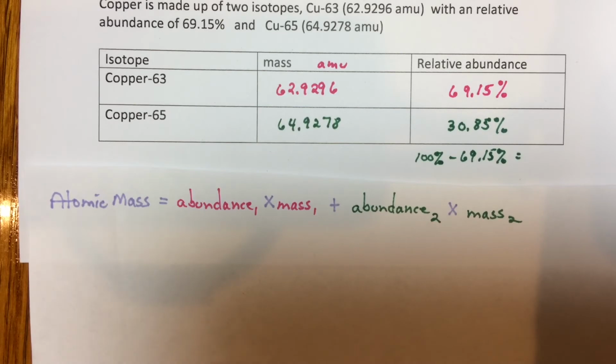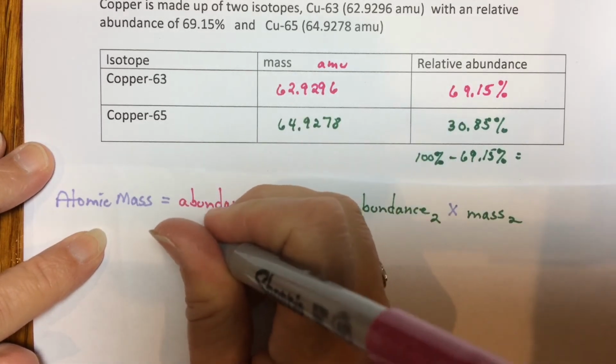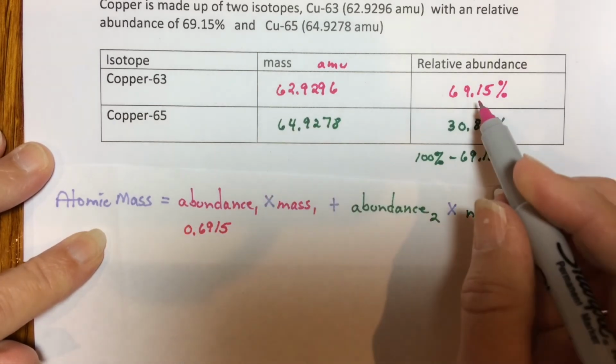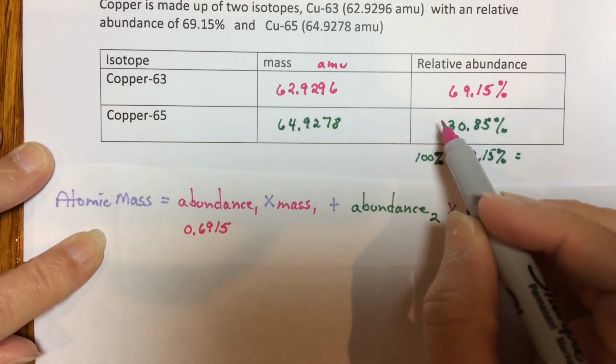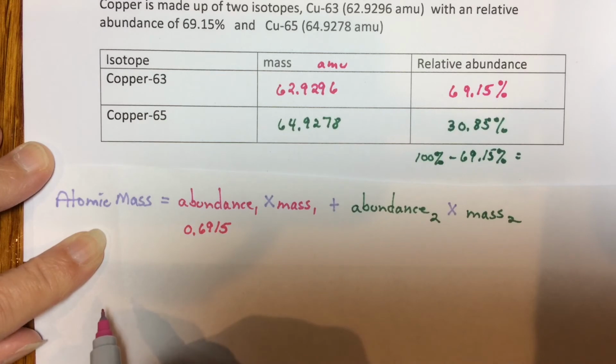So let's start with the pink. We've got an abundance of 0.6915. I moved the decimal place over twice because this is a percentage and I don't want to keep it as a percentage. So to lose that percentage sign, you move the decimal place.